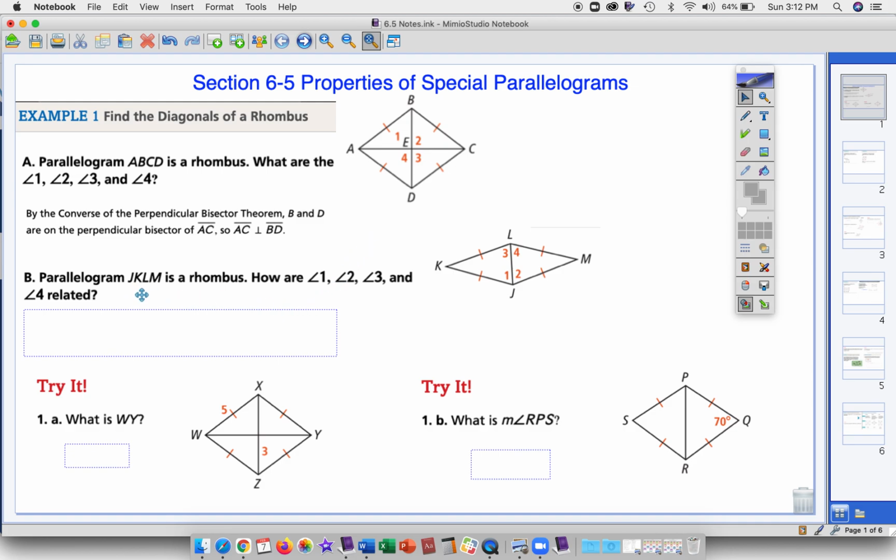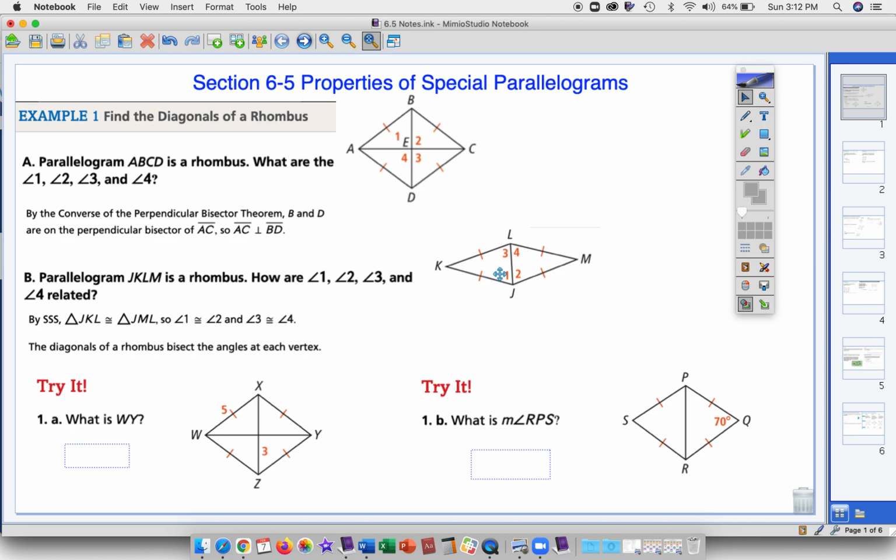Okay, letter B, the parallelogram JKLM is a rhombus. So how are those angles related? In this diagram, we know that the triangles JKL and JML are congruent by SSS.